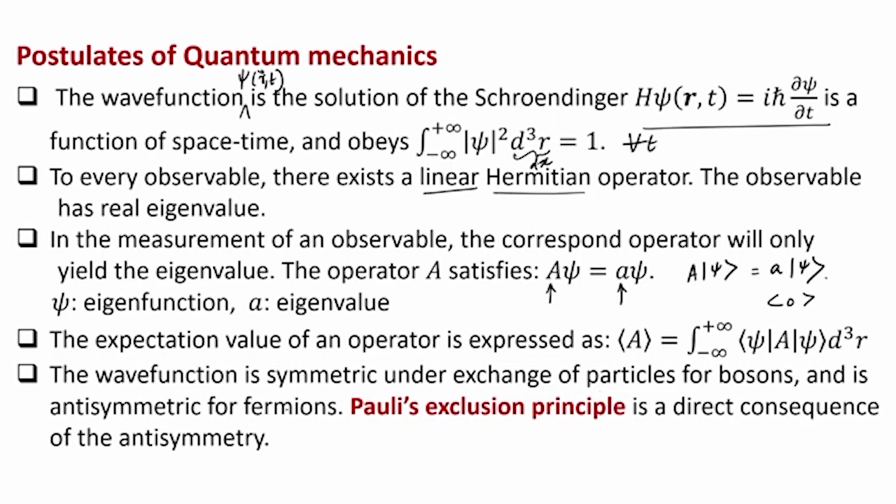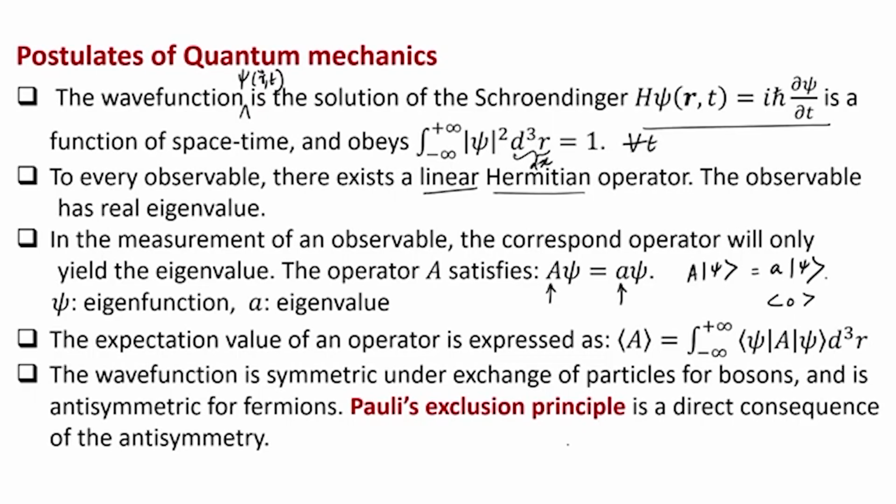The wave function is symmetric under the exchange of particles if the particles are bosons. Remember that we are talking about indistinguishable particles. They are identical and indistinguishable, but they have two possibilities: they can be either bosons or fermions, and bosons are characterized by an even wave function.